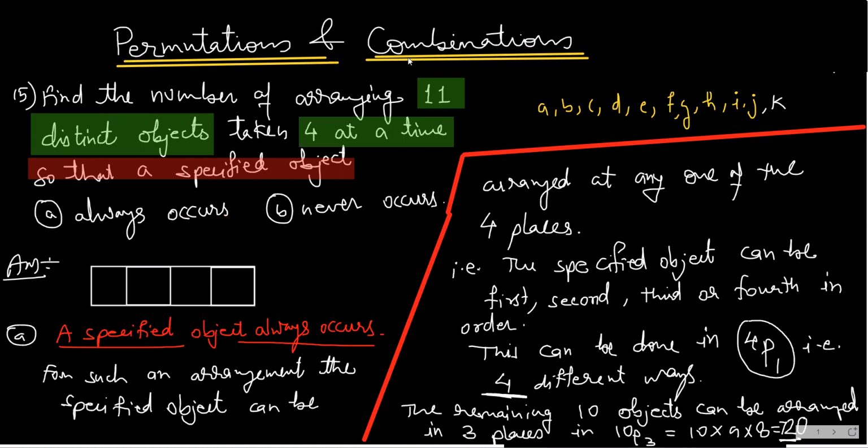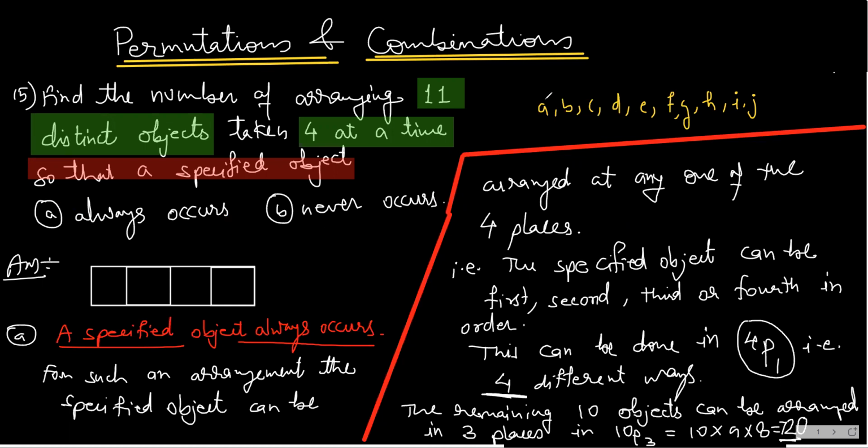The arrangement will take place only from the 10 objects. That specified object could be any object. Just for the sake of understanding, I'm taking that as K. In the 11 different objects, it could be any object. If it has not to occur, we will have to ignore it.